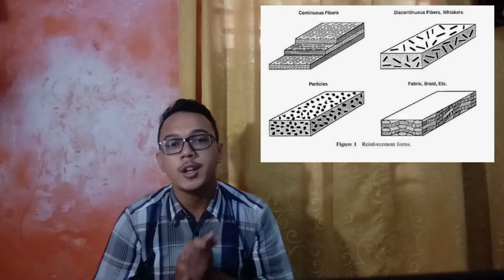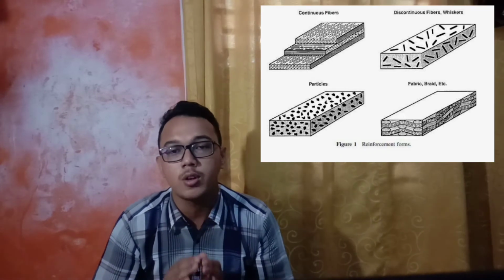Fourth, composites. Composites are materials composed of a mixture of two or more materials with different chemical and physical properties, producing a new material that has different properties from the constituent materials. One of the easiest examples of a composite material is cast concrete, with a mixture of sand, gravel, cement, iron, and water.